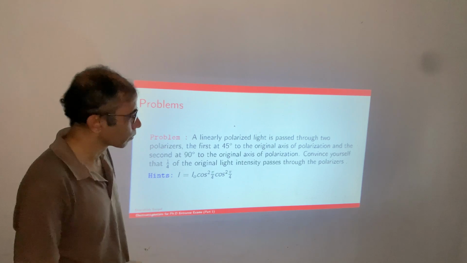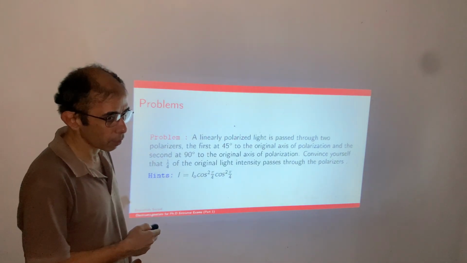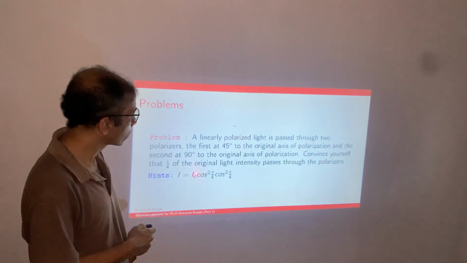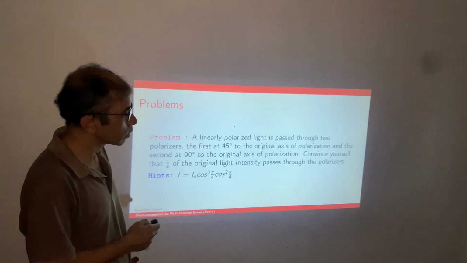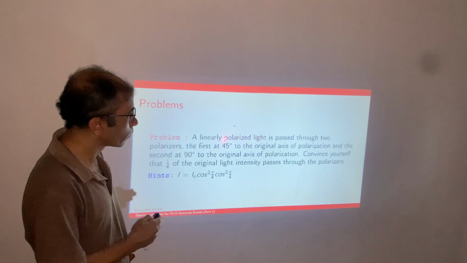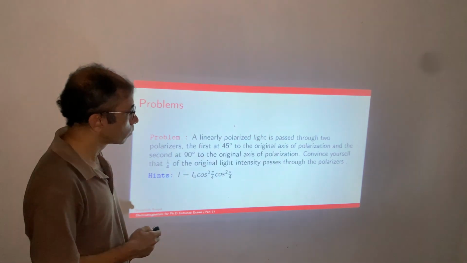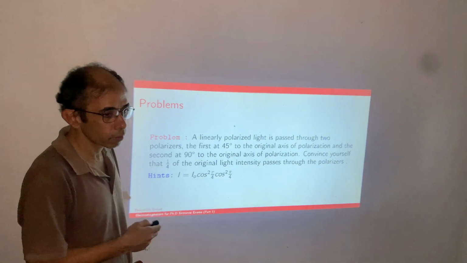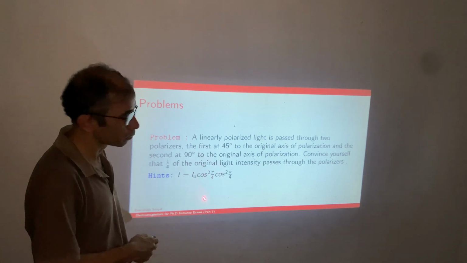This is simple. If initially you have polarized light, say intensity is I naught, the first polarizer is placed at an angle of 45 degrees with respect to the initial polarization direction. So what will be the intensity through the first polarizer? That will be I0 cos squared pi by 4.